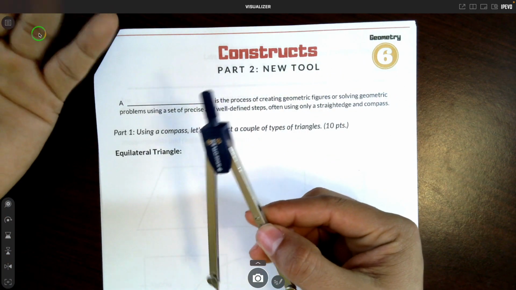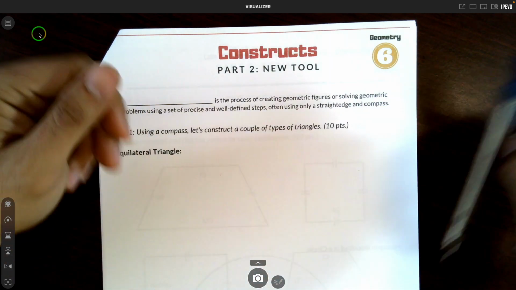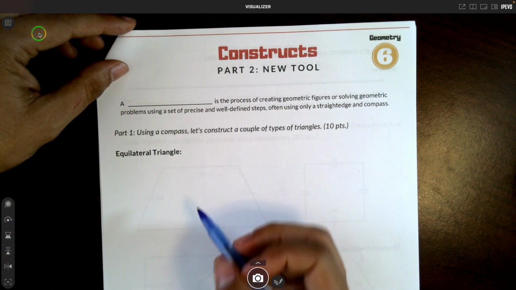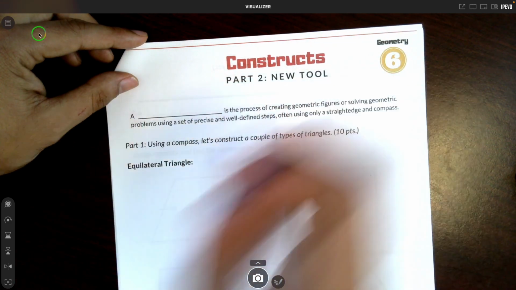So we're going to move on to the next section. I call this a new tool, but just so you know, you've seen this tool before. This is a compass. That's what we're going to use. But what we're going to do is construct.